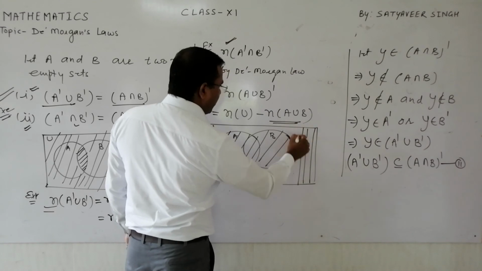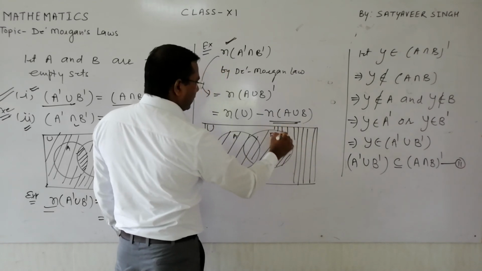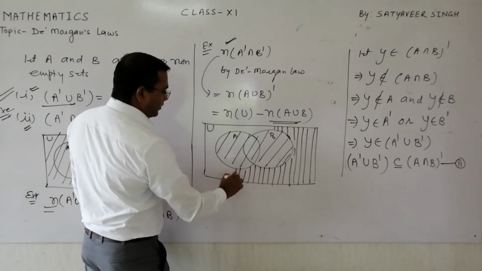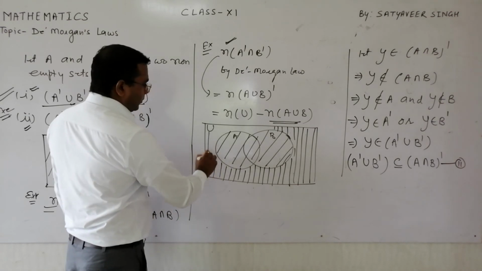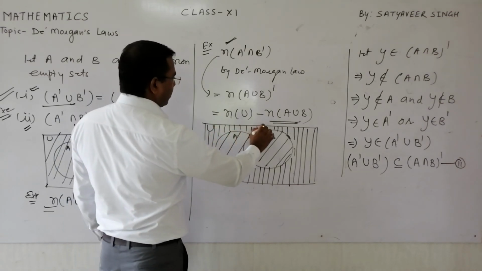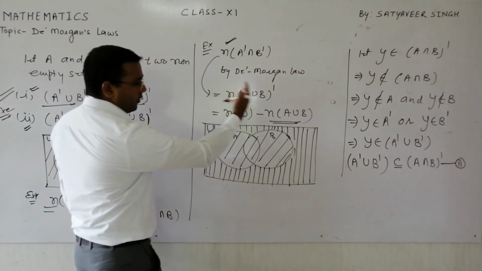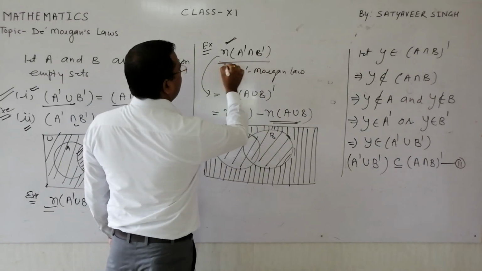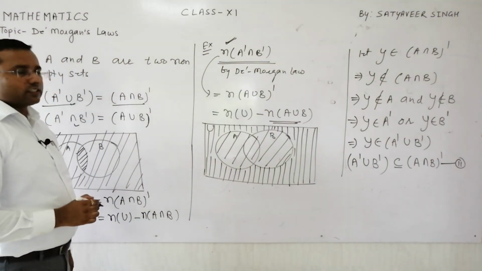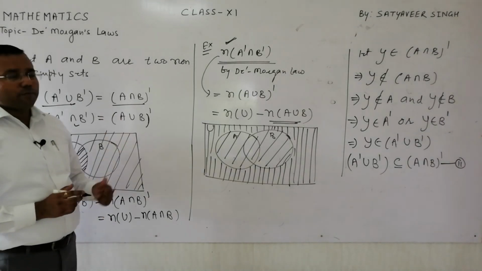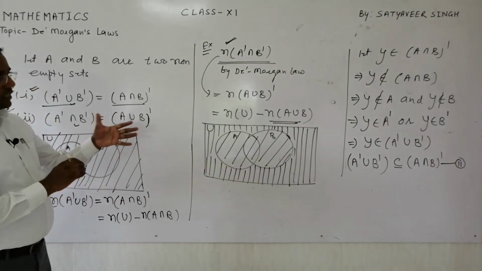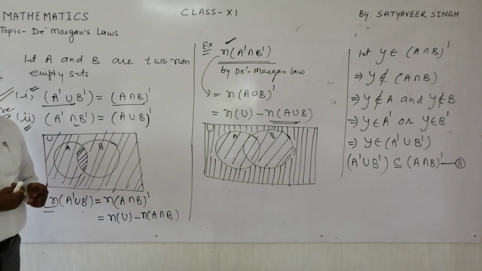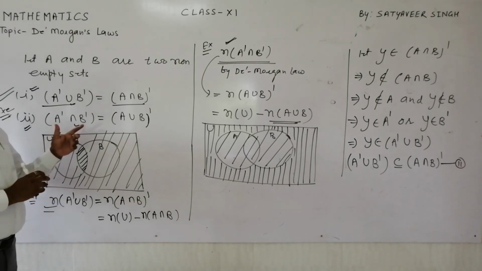So these are the remaining elements. From the universal set, if you subtract A union B, which is equivalent to A complement intersection B complement. This is a very important concept for solving this kind of problem. Using De Morgan law, we solve these types of questions which are generally asked in the examination. I hope you understand this.